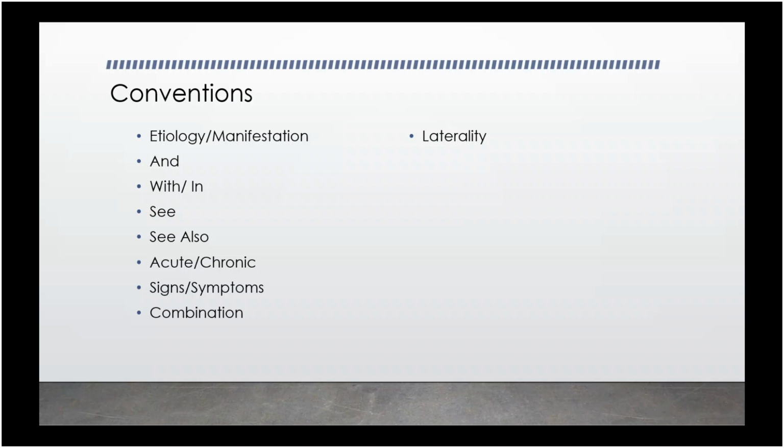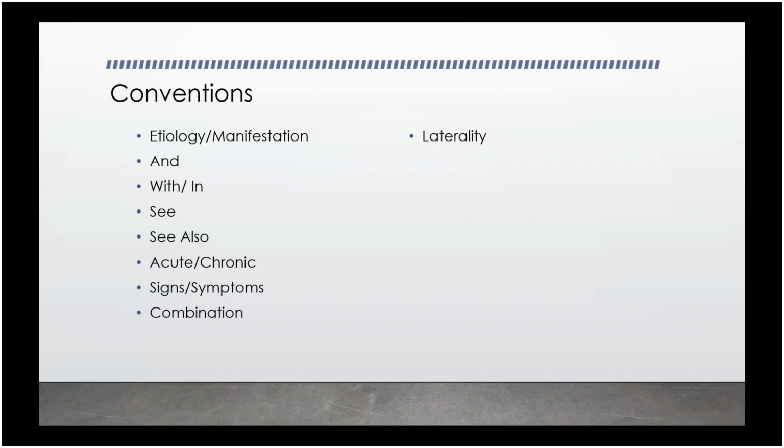So instead of coding edema and salt retention, you're going to code E87.0. That is the one combination code. However, we're going to have certain conditions that require multiple codes to completely describe the patient's condition.